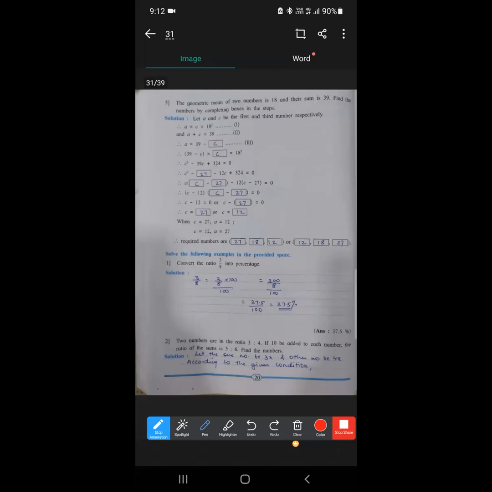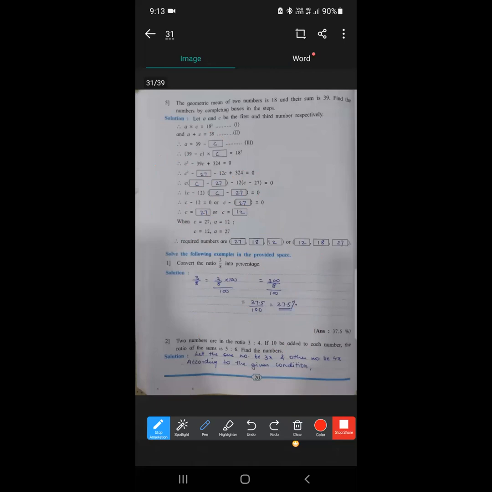Let's move to the second question. Two numbers are in the ratio 3 is to 4. Now again, what problem comes here? If 10 is added to each number, the ratio of the sums is 5 is to 6. Find the numbers.